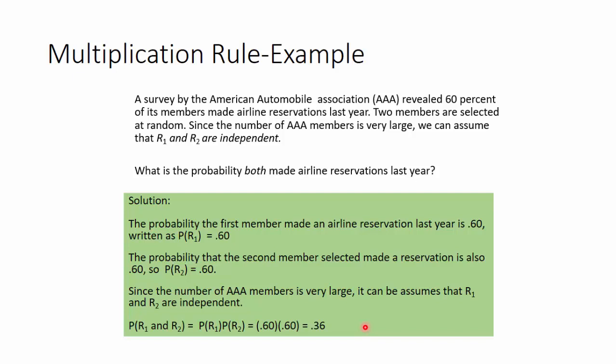And in this case, the probability of making a reservation is given to be 60% for anybody. And hence, P of R1 and R2 is probability of R1 times probability of R2, which is 0.6 times 0.6. That becomes 0.36. Always please remember, when you use the multiplication rule for independent events, the resultant probability would be less than the least of the individual probabilities.